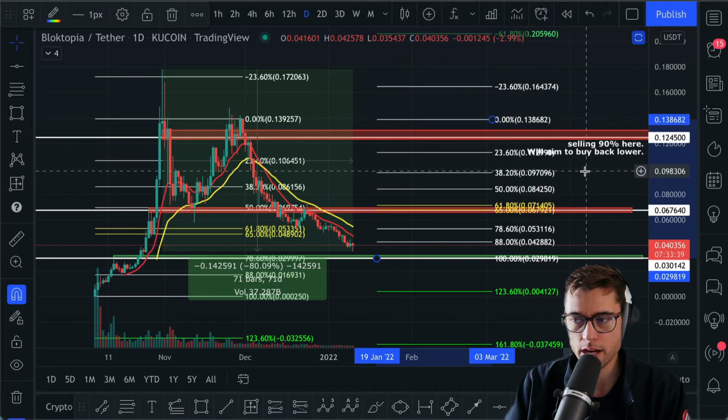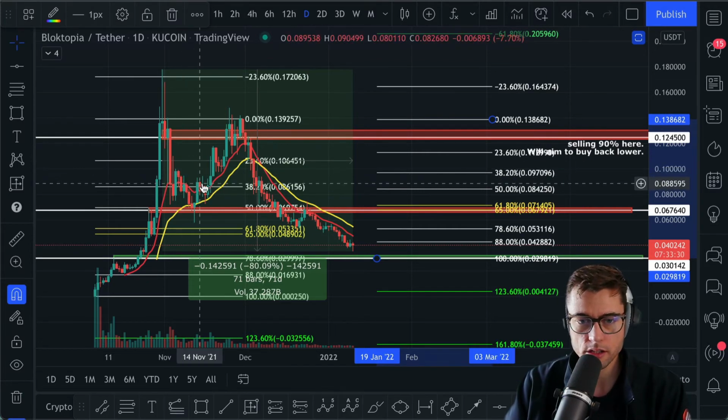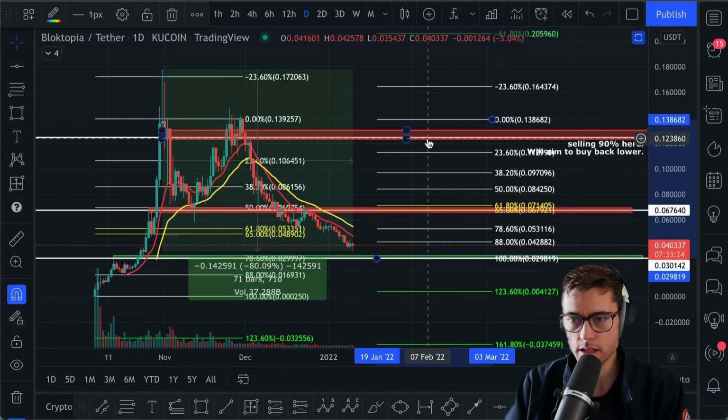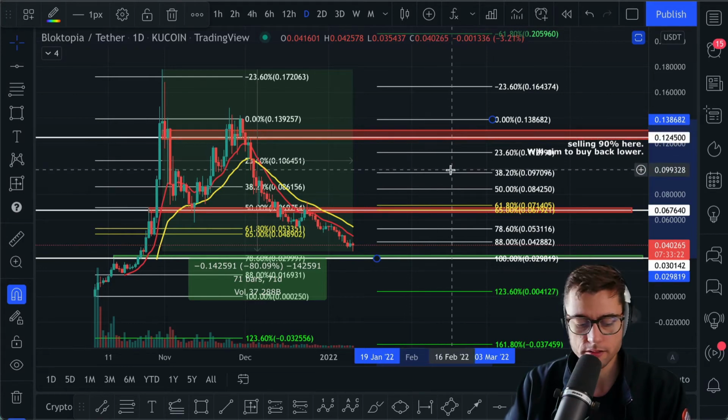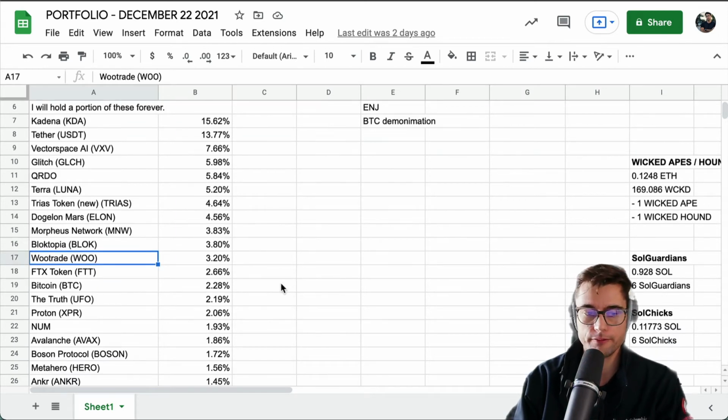I'd probably be buying back in right around here at 0.098, because that is not only the 38.2, but also the previous resistances and supports. So I would sell a little bit here, sell some more here, and then try to rebuy it back here.